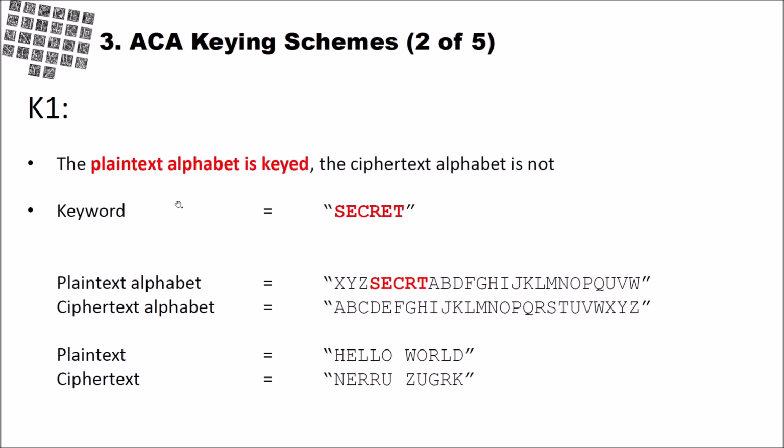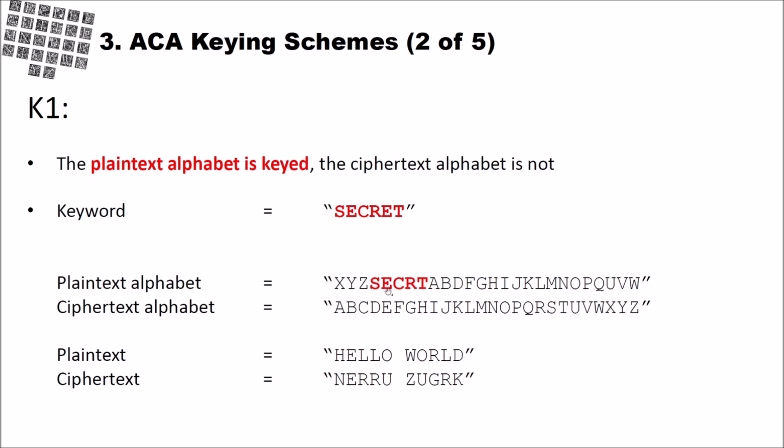And in this case we need a keyword. On all these keying schemes we need keywords, and for example we use the keyword secret. And as I said, the plaintext alphabet is keyed, so we change the plaintext alphabet, and the ciphertext alphabet is not. So what do we do here? At first we decide on an offset, for instance 3. So we go to position 0 here, position 1, position 2, and this is position 3.